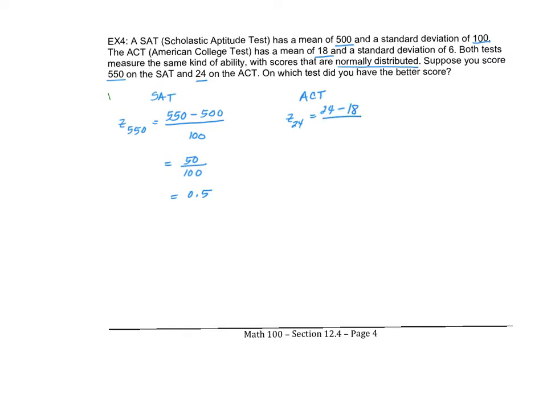Our mean was 18, and the standard deviation was 6, which gives us 6 over 6, a z-score of 1. So since this is a higher z-score, that means that we scored better on the ACT. And we could figure out which one we scored better on without even knowing how much the ACT or the SAT tests are worth.